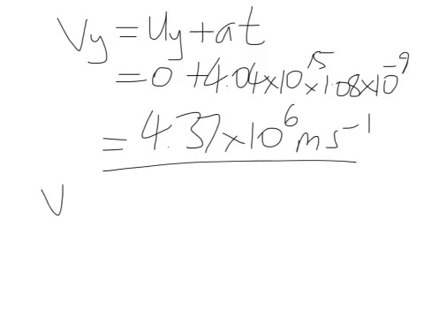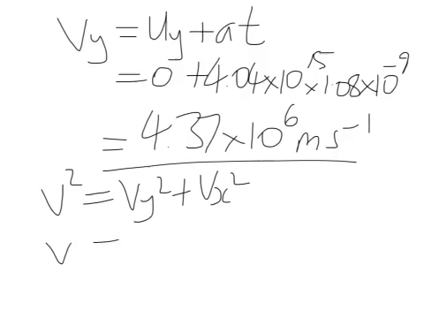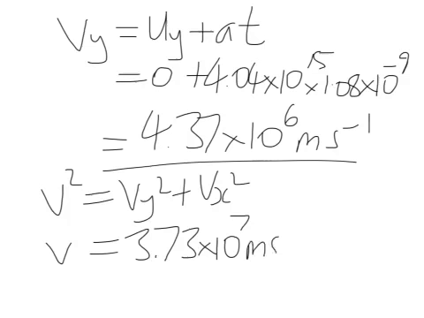Now of course V squared equals Vy squared plus Vx squared, and therefore if you plug those numbers in and square root the final answer, you should get 3.73 times 10 to the power of 7 meters per second for the velocity.